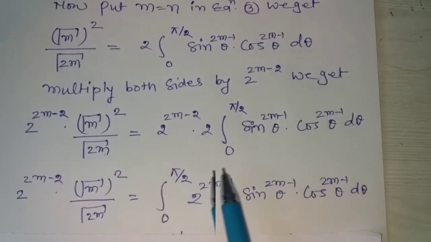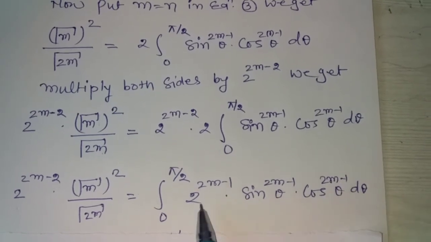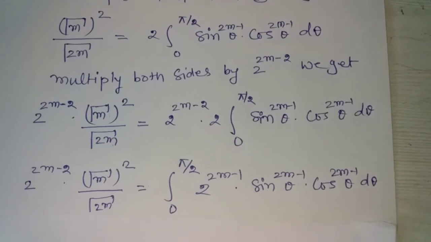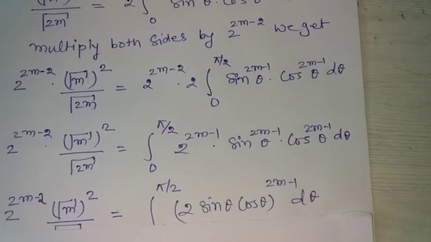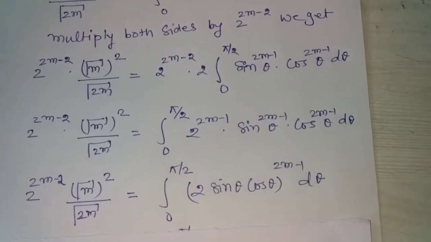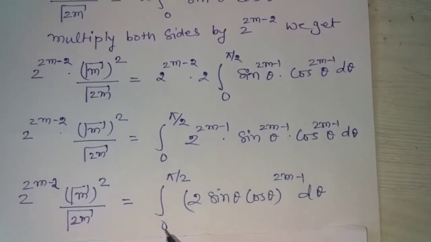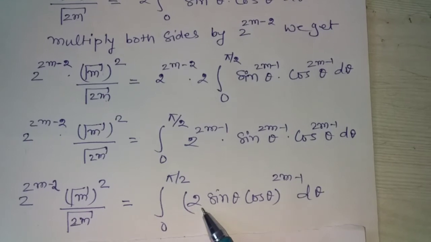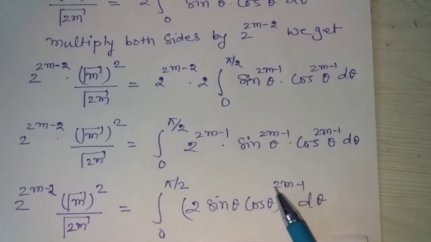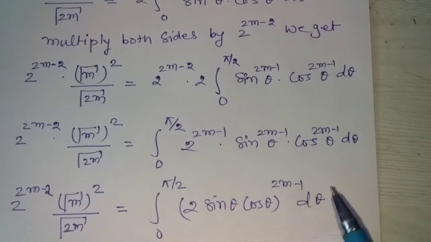Now these three terms all contain the power 2m minus 1. So we express this as: the left hand side as it is, and in the right hand side we get the integral from 0 to pi by 2 of 2 into sine theta into cos theta, whole raised to 2m minus 1, d theta.